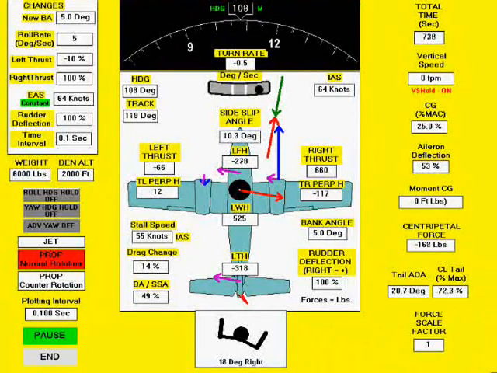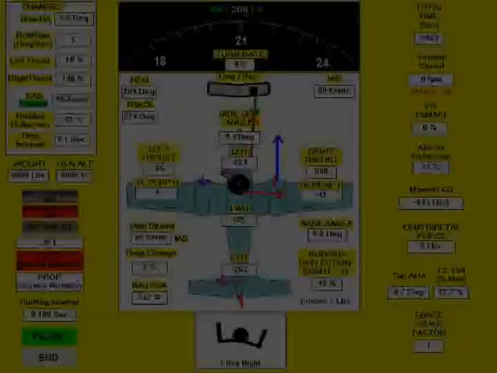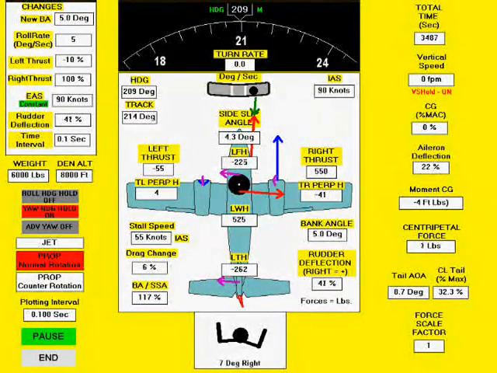Now let's repeat the VMC demonstration at a new location. We took off from an airport located at 3,000 feet and climbed to 5,000 feet, where the temperature was 84 degrees. Density altitude is 8,000 feet. Slowing down, we again maintain heading with increasing right rudder pressure.